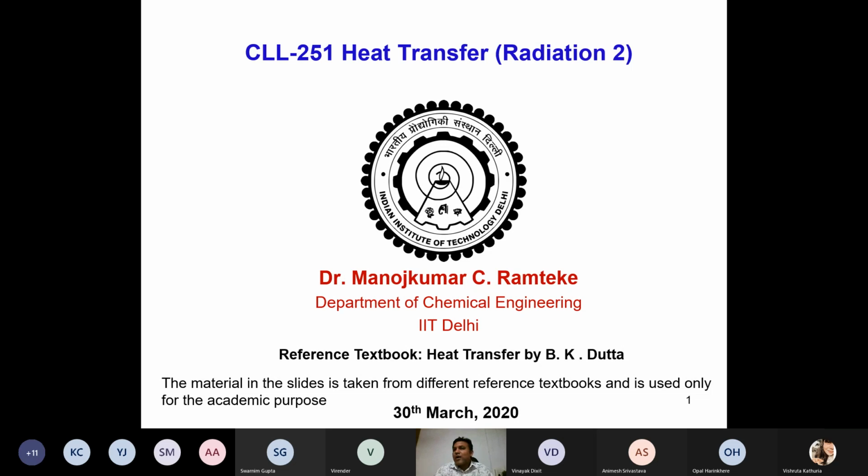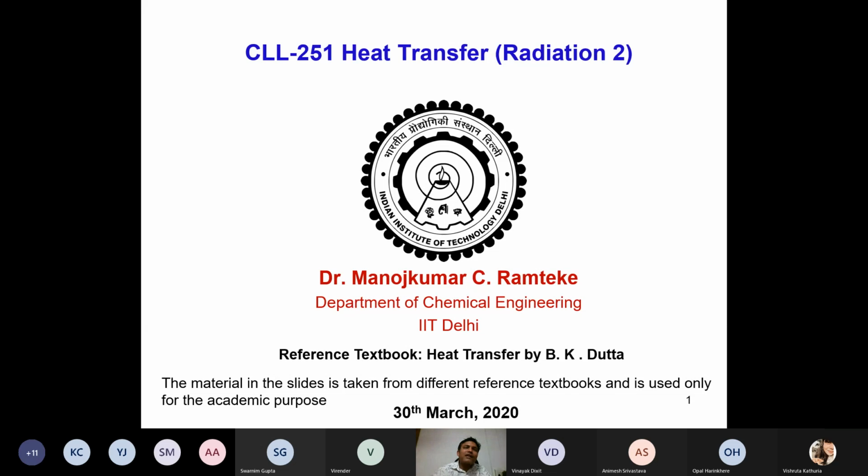But this equation is not valid for all cases. This equation is only valid if we have perfect black bodies, and also when both these bodies are infinitesimally long with respect to each other and parallel to each other.